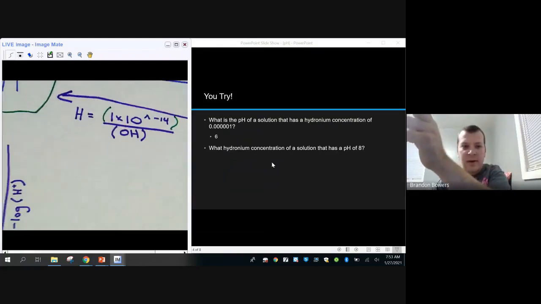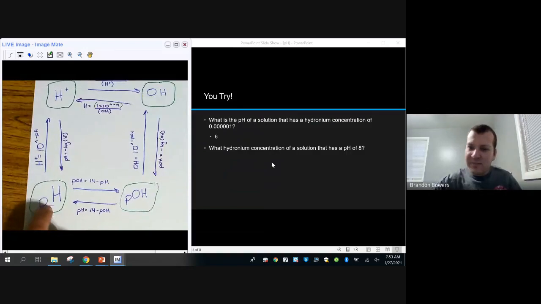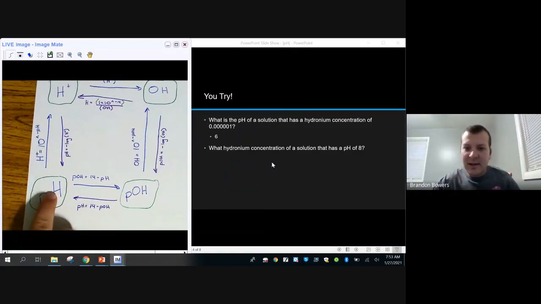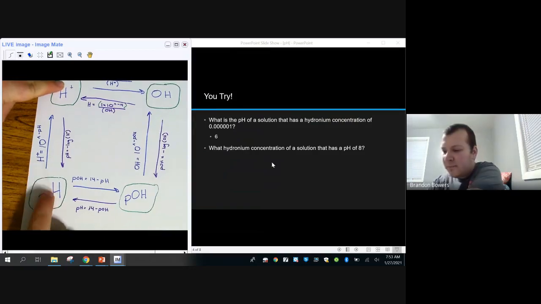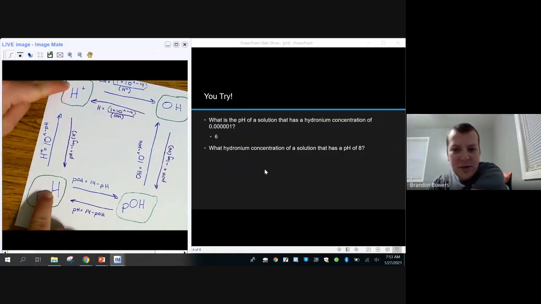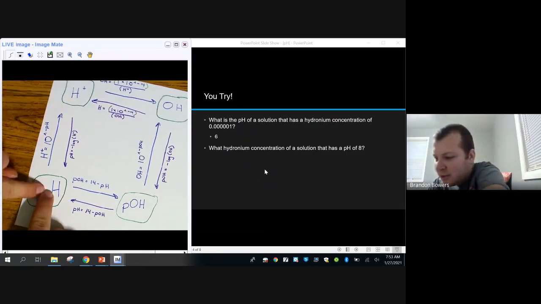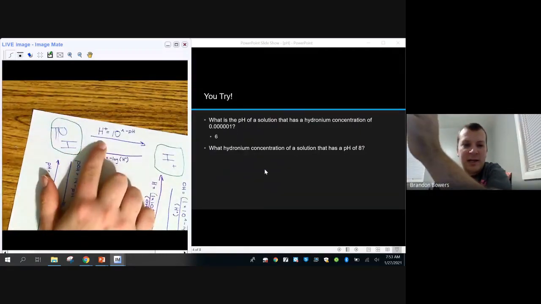All right, so I have a pH. My pH is 8. It says, what is the hydronium concentration? So if I start here, I got to work my way up to hydronium. I'm going to use my up equation. So my up equation is right here.